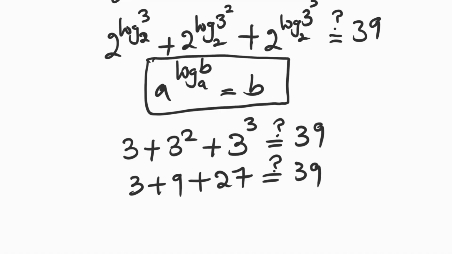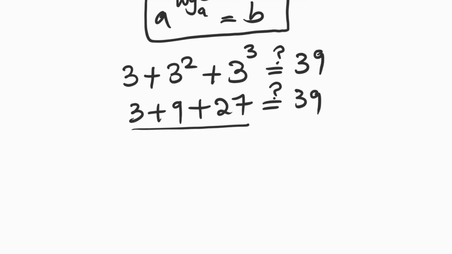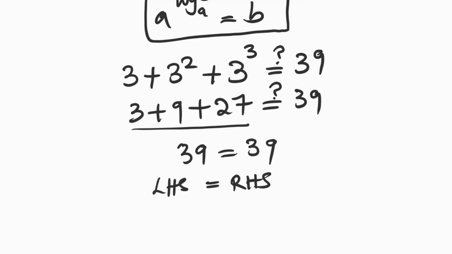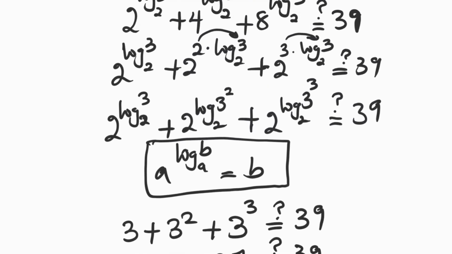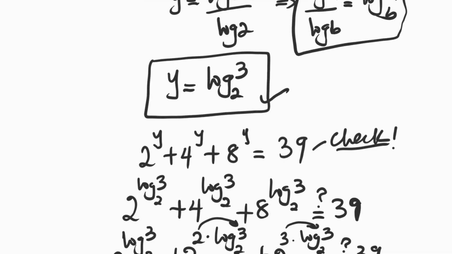If we add up what we have on the left hand side, this is 39, because 9 plus 3 is 12, and 12 plus 27 is 39. So you see that the left hand side is equal to the right hand side. Therefore, the value of our y, which is log 3 base 2, is correct.